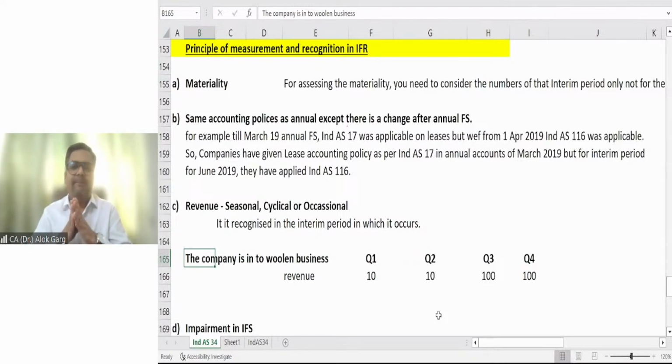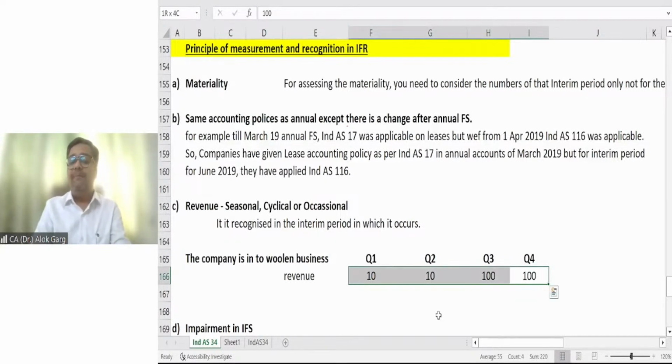So normally what happens, in Q3 and Q4 there is a huge demand. In Q1 and Q2, there is a very small demand. Okay. At some places, it may be there. So friends, the company has earned a revenue of rupees 10 crore in quarter 1, 10 crore in quarter 2, 100 crore in quarter 3, 100 crore in quarter 4.